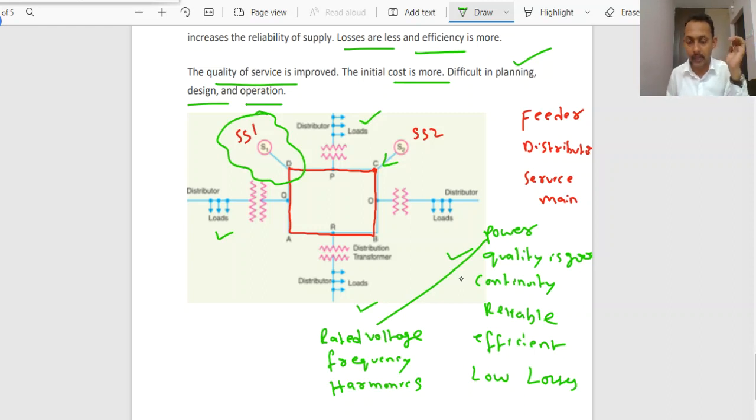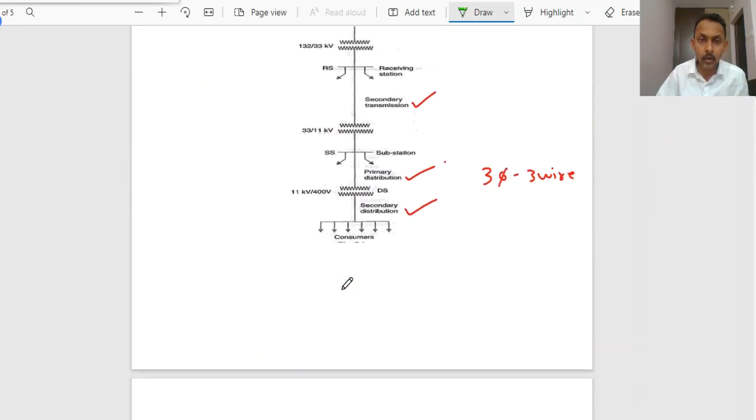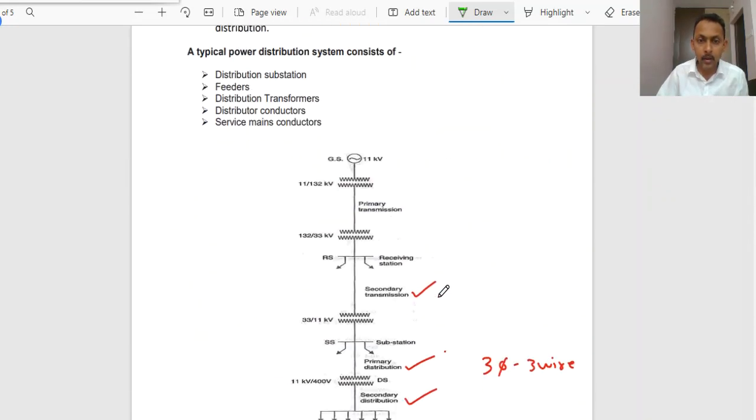Of course there are many other parameters also, but mainly it should be at a rated voltage, at a rated frequency, without any harmonics, without any interruptions. All those things are to be maintained. So this is all about the types of distribution system, dear students.